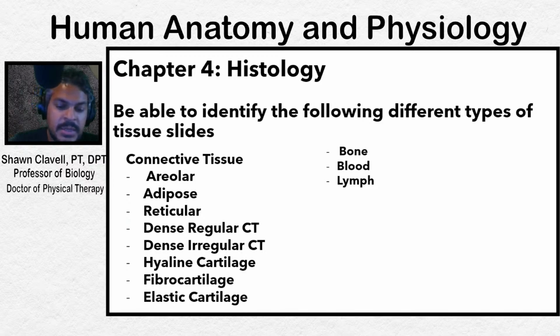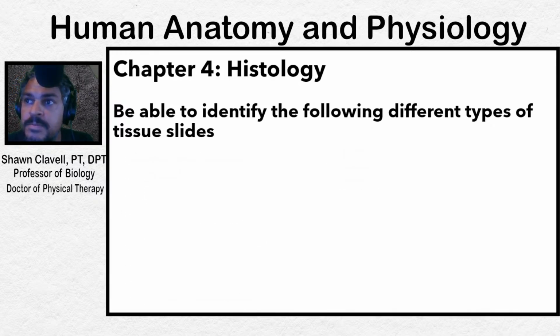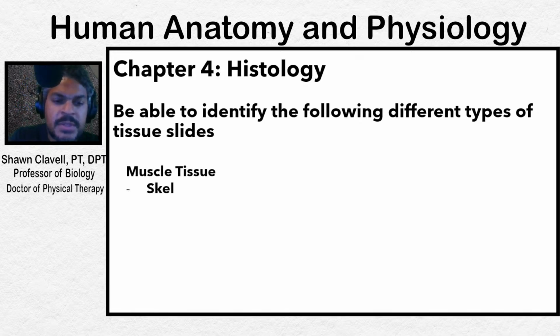The next is muscle tissue. So there's three types of muscle tissue: skeletal muscle. That's the muscle tissue that's associated with movement.